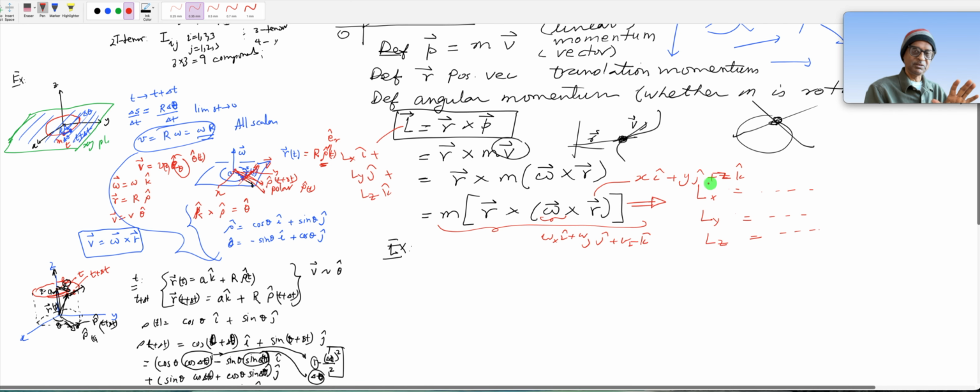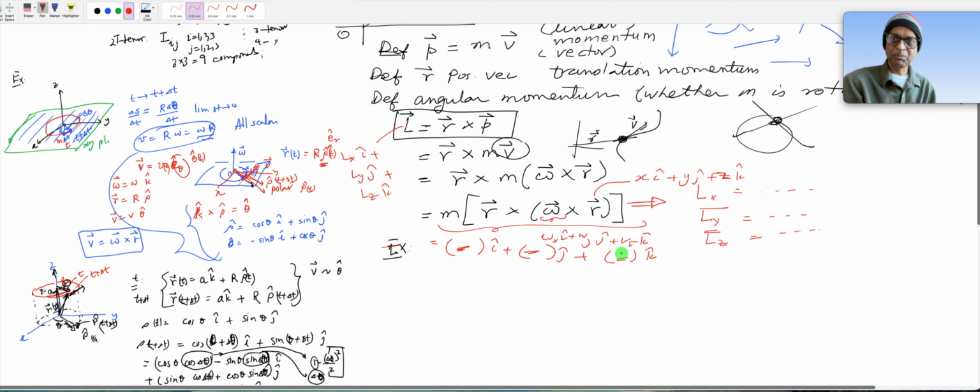You can just write it straight out like that and expand the whole thing out, and eventually you will get some blob i hat, another blob j hat, another blob k hat. You can say, wow, Lx is that guy over here, and Ly is this guy over here. That is doable, but it is not very illuminating.